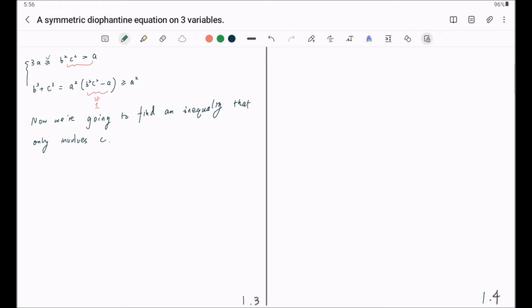If we take the square, this will be 9a squared greater or equal to b to the power 4 times c to the power 4.